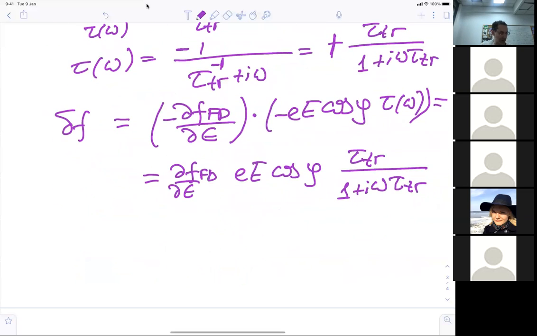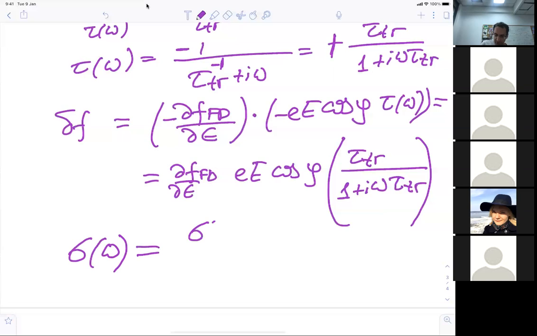So we see that the only replacement in the distribution function is this: where it used to be tau transport, now it has this multiplier. Therefore the frequency-dependent electric conductivity is the zero-frequency result divided by 1 minus I omega tau transport.